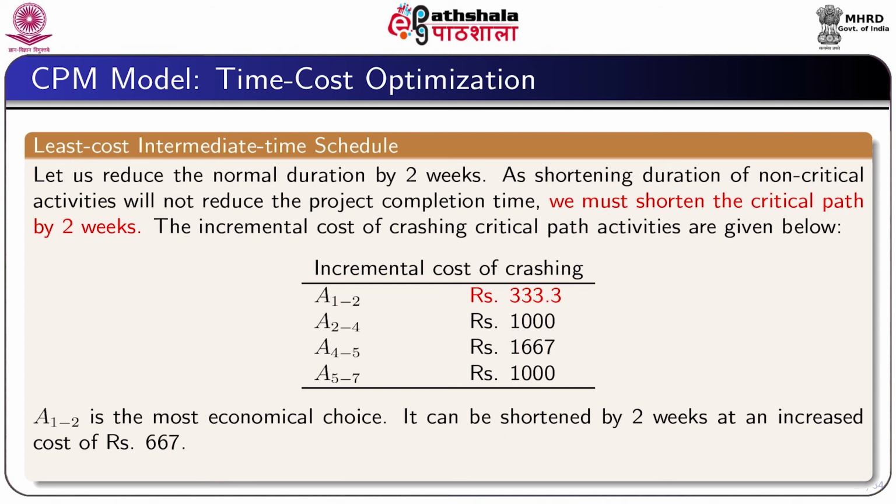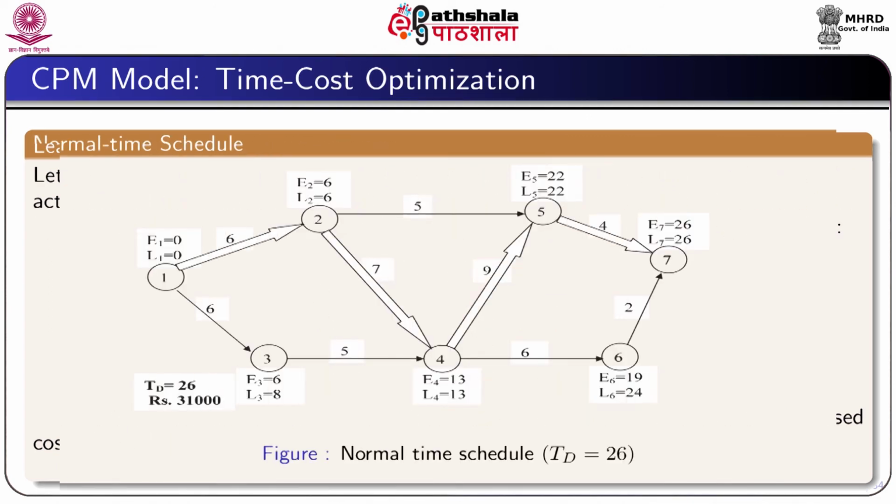Here activity 1 2 is the most economic choice, therefore, it can be shortened by 2 weeks at an increased cost of rupees 667. This figure shows the normal time schedule, where the activity duration for activity 1 2 is 6, and we would like to reduce it by 2 units.